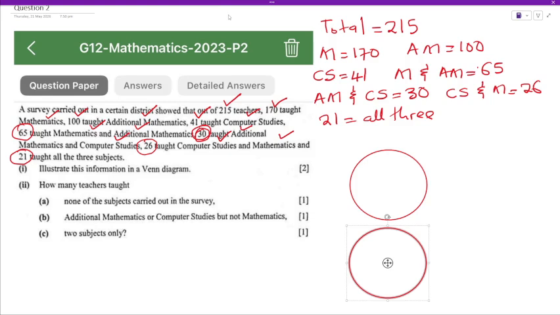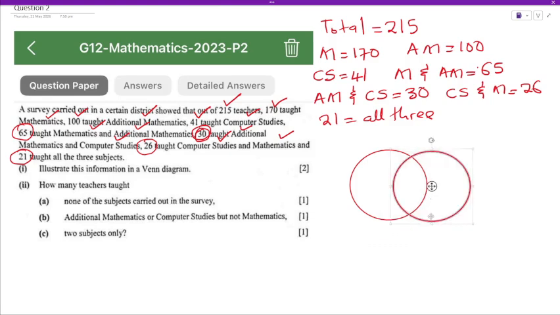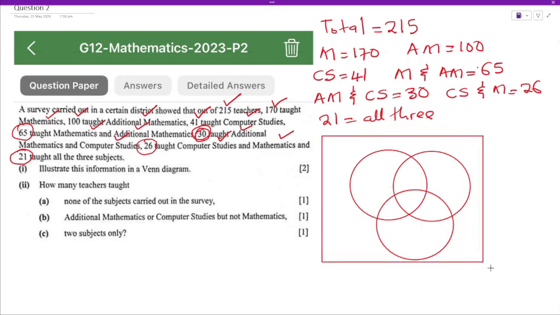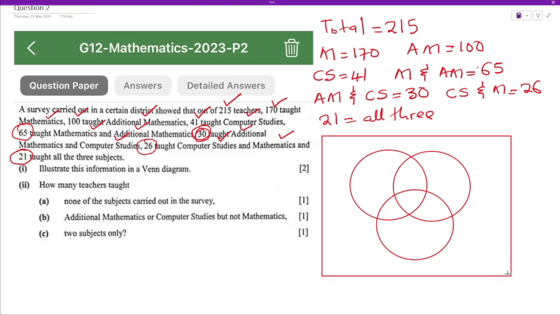Let's put it right there. I copy and paste again. Then we'll bring this guy here. Then we can bring in the rectangle. Put it right there. Okay, that's enough.